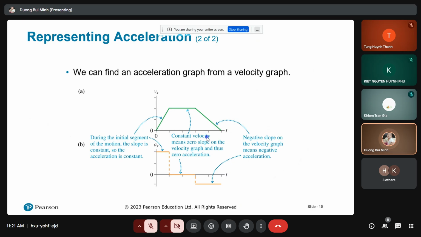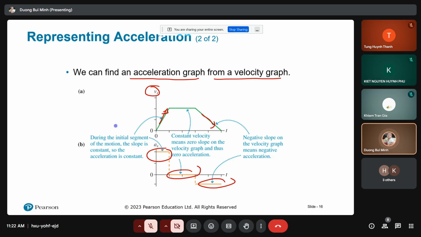So we can find an acceleration graph from a velocity graph. Yes, of course. Here, this is Vx. Vx is a linear curve, so Ax is the slope of Vx, and of course Ax will be constant. Where Vx is constant, Ax is 0. This is for the first part, and the slope here for the last part is negative, so Ax is negative.